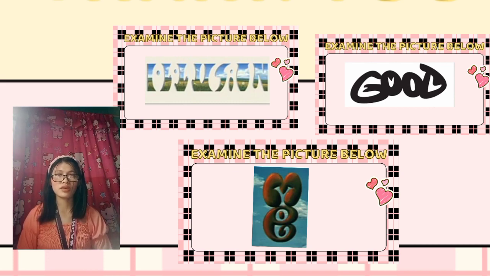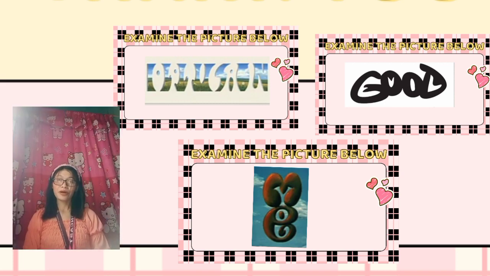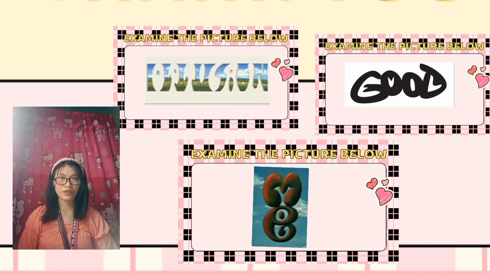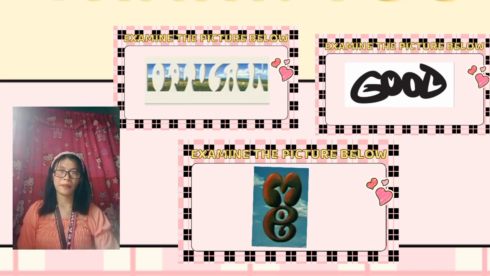We first see you and me, and we also see illusion and optical, then the words good and evil. By that, you are able to become aware of and analyze those pictures.